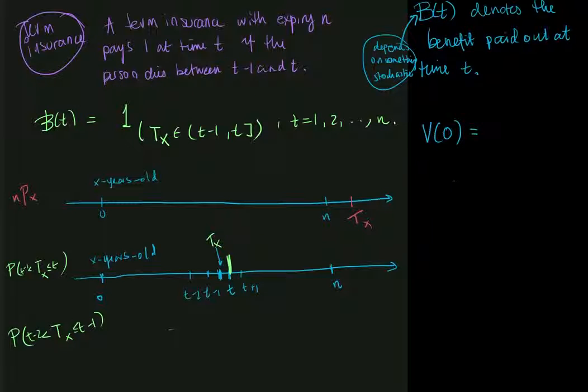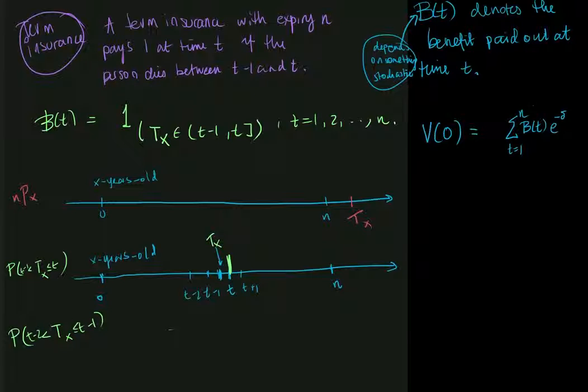And it is equal to, if you take b of t at each of the future time points, so if you take every single payment at time 1 all the way up to time n, which is the expiry date, and for each payment at each specific time, you discount it back.